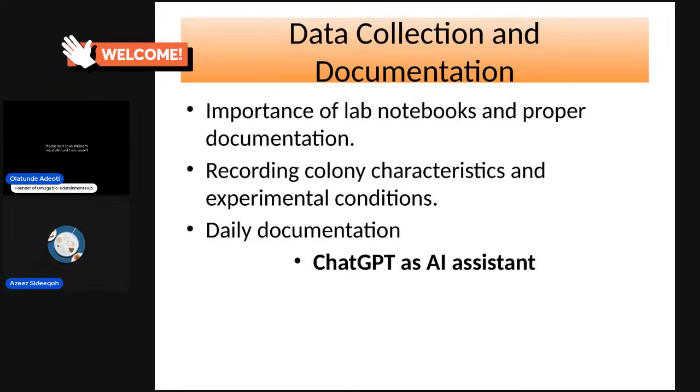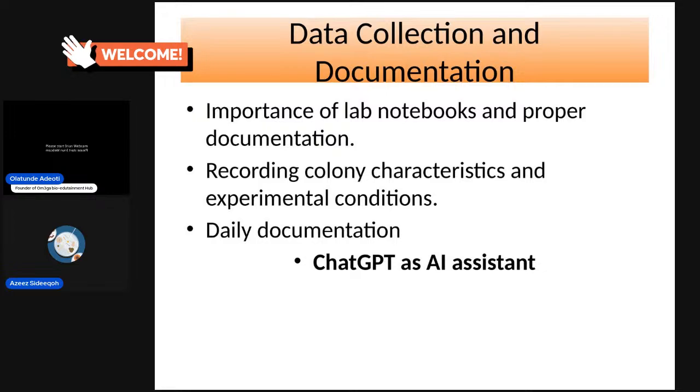If you are not writing anything down, honestly speaking, you will forget a lot of things, and even when you are getting results, you won't be able to remember the procedure that you have followed. That is very important in record keeping. It is part of the backbone of being a scientist.